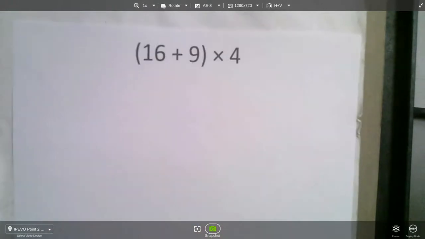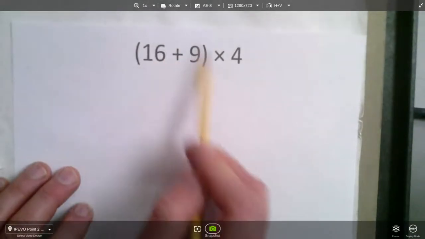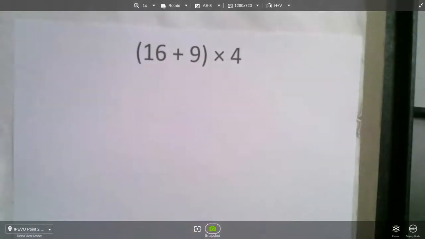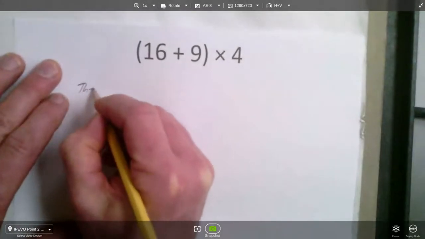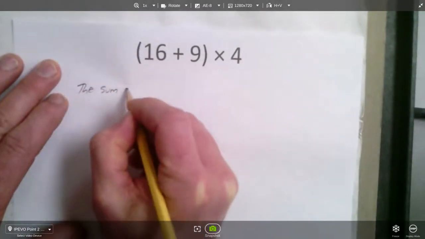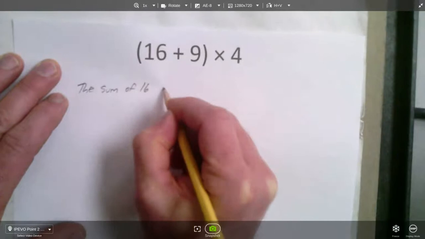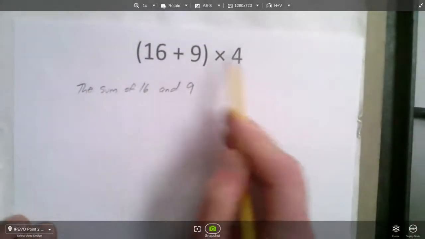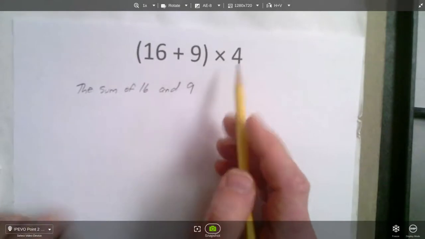Okay, how are we going to show what's in the parentheses, 16 plus 9? How are we going to show that in words? Well, I would write the sum of 16 and 9, and then I have to multiply it by 4.